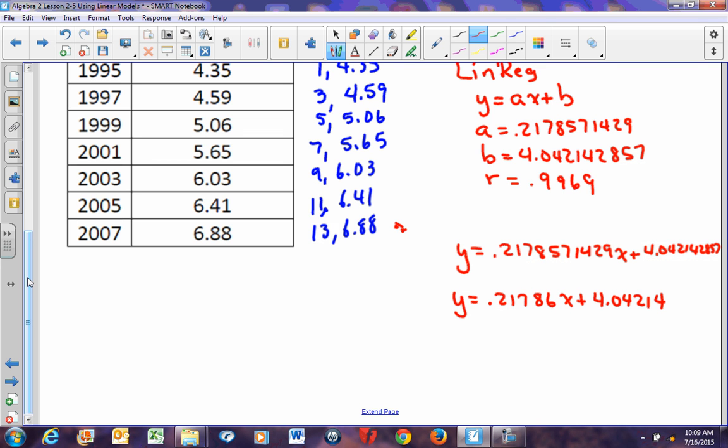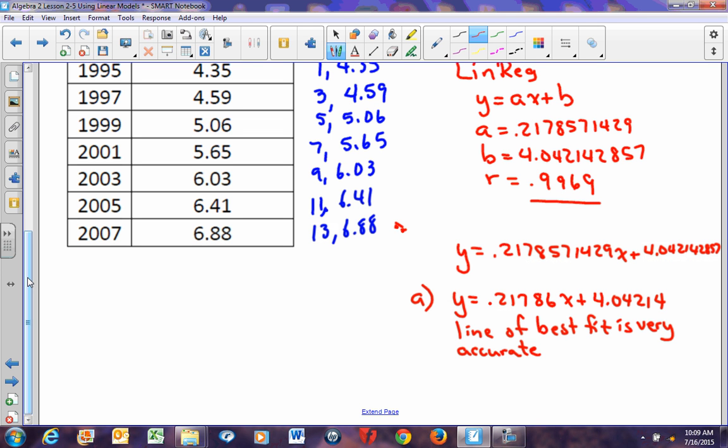Since my R factor is really, really close to 1, that's a very high R factor, so my line of best fit is very accurate. This is part A. It asks: what is your equation for the line of best fit and how accurate is it? It's very accurate, and that's your equation.